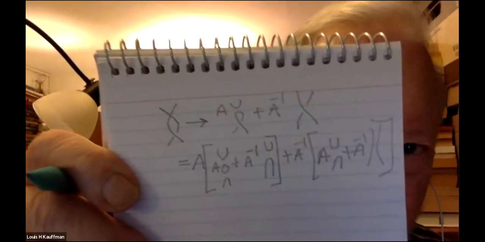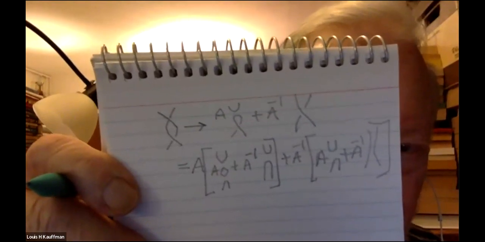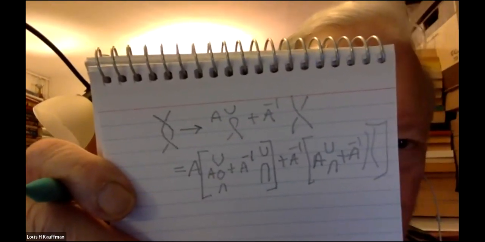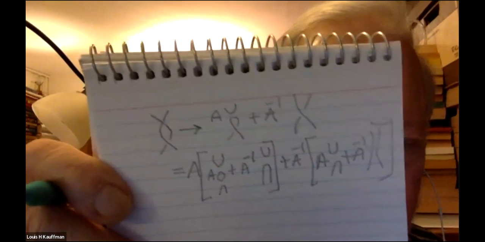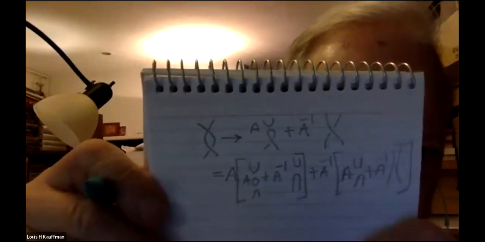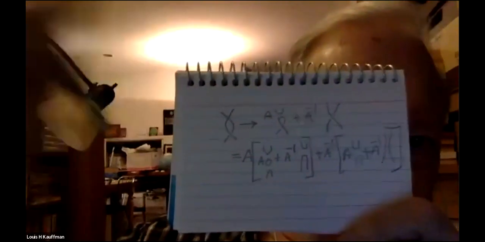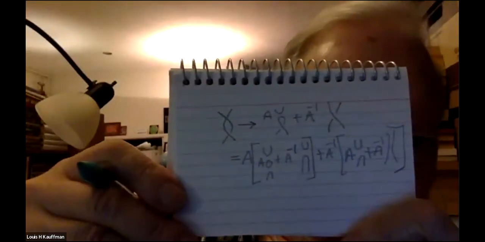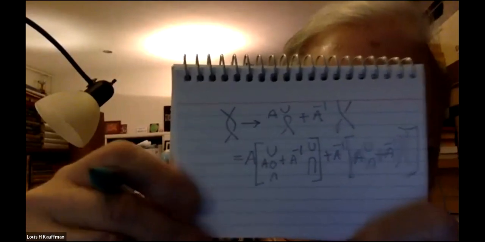Okay? You see how that calculation is going to work, right? I'm just expanding out the crossings. And what do I end up with in the end? In the end, I end up with some algebra, A's and A inverses, multiplying elements in the Temperley-Lieb algebra, because those are the representations of the braids that I got.